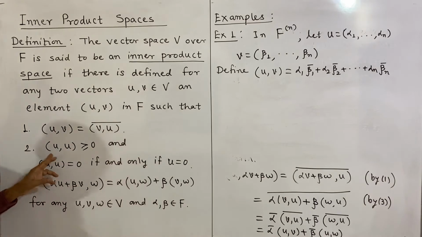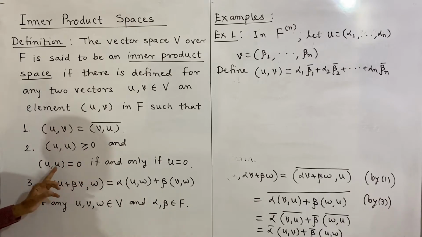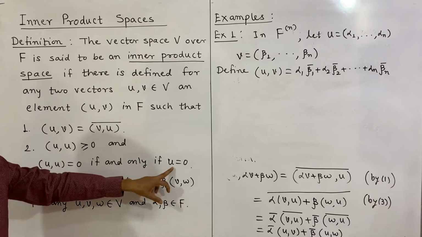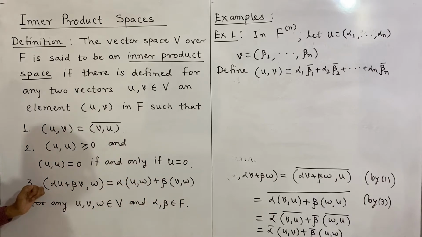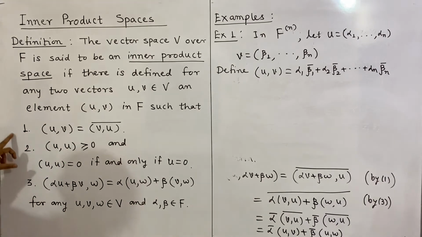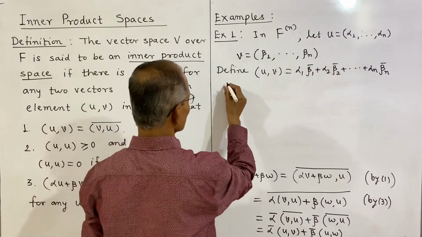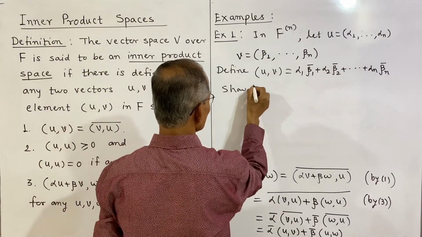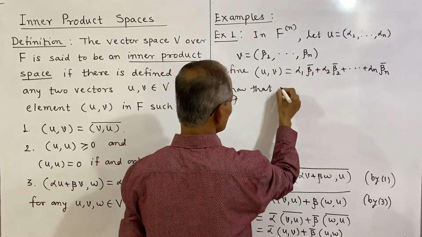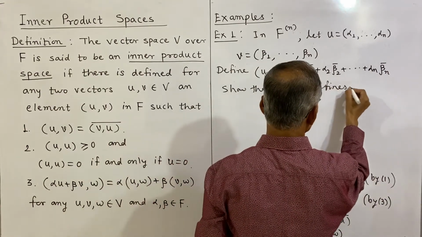And the second condition is that the dot product of a vector with itself is greater than or equal to 0, and if it is 0 then the vector is 0, and this is the linearity property. Now we shall have to verify all these three properties for this product. Show that this defines an inner product.